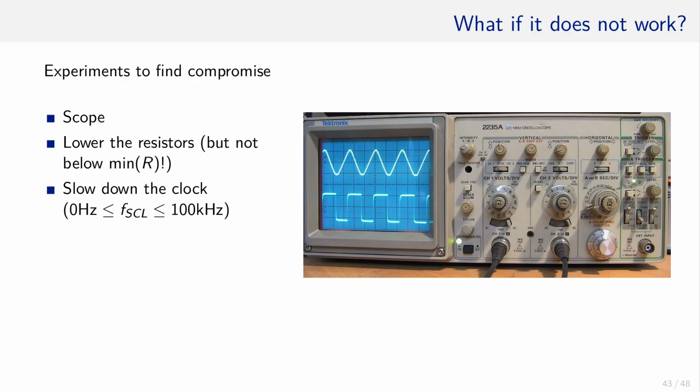Once enough time has passed, the master can then release SCL to recharge it as well. Once the voltage of SCL crosses the threshold, the slave will sample the SDA line, which has been fully recharged by now. One obvious source of error are loose or weak connections, so check those as well if the bus does not work.